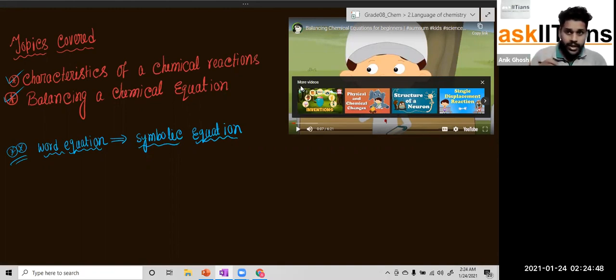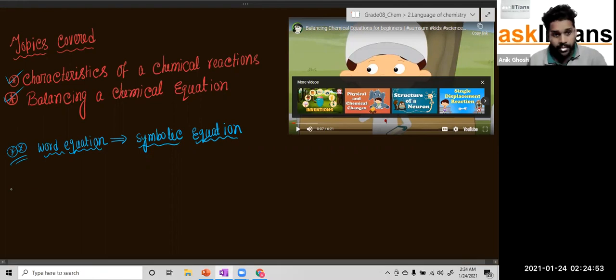First the word equation, after that the symbolic equation. The word equation is something like magnesium plus oxygen and so on. I am just writing the entire words to describe the reaction. That is the word equation, isn't it?